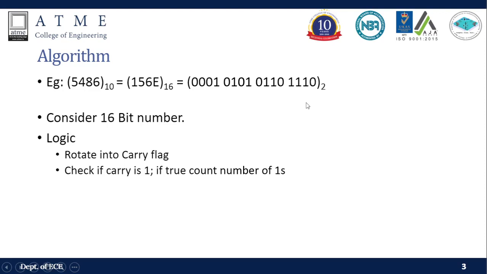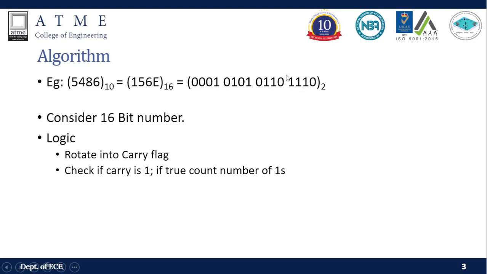If there is no carry, then that is also counted in another register. And the numbers that you finally get after the complete count are going to be the number of ones and number of zeros. To be more precise, in this case, we are taking a number which has 4, 8, 12, and 16 bits in total.